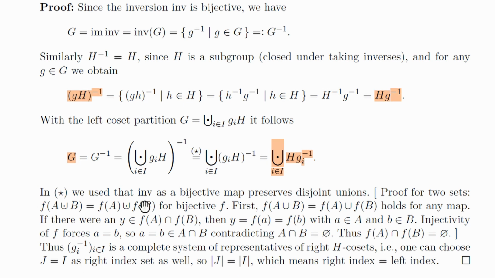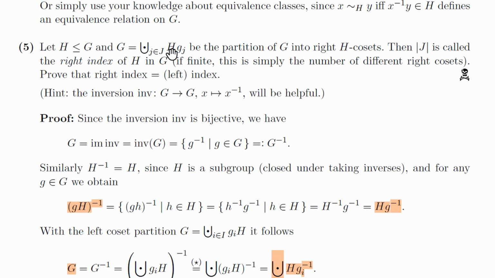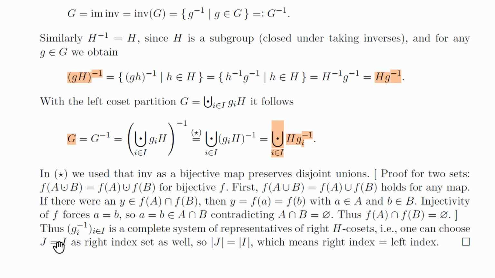To finish the proof, we'll talk about this in a minute, as I promised. This means exactly that this set here is a complete system of representatives of right H cosets, because G can be partitioned into these right cosets where i runs through capital I. So I can choose as the index set J that I was looking for simply the index set I that describes the left coset partition.